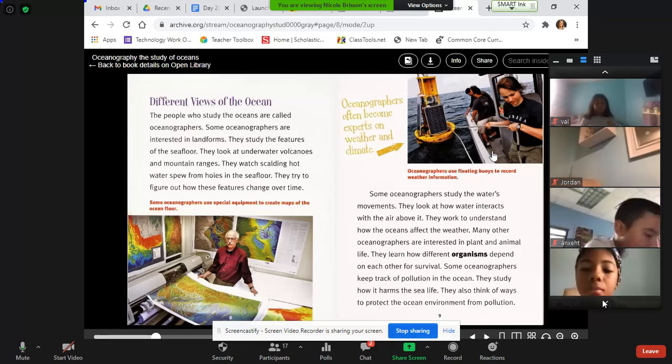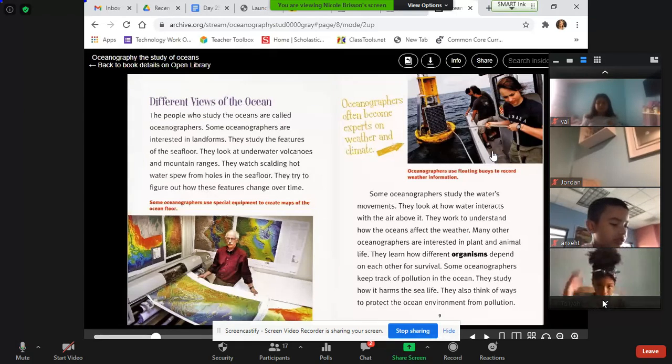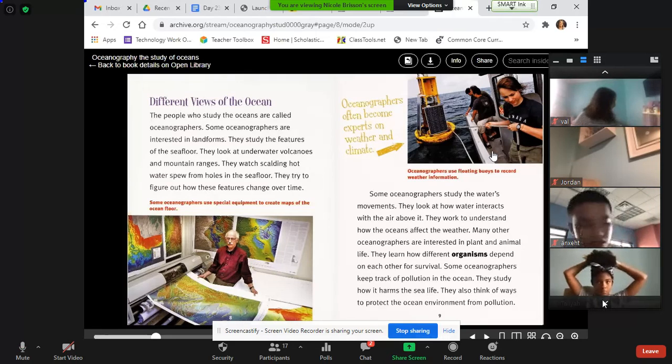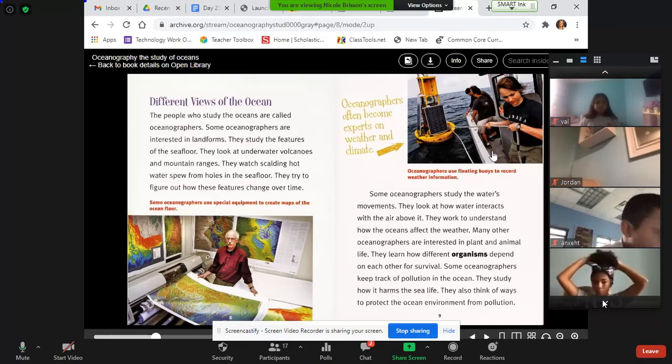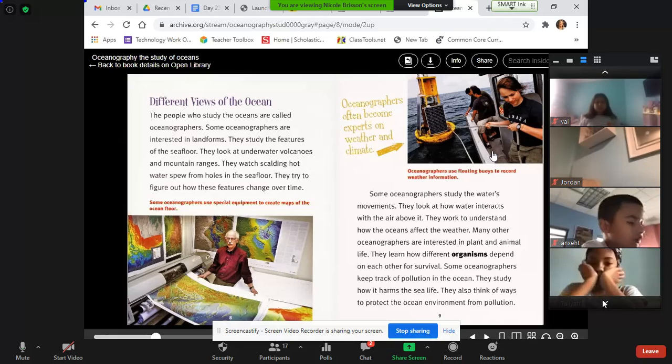Could be in the sea, could be on land. Some oceanographers keep track of pollution in the ocean. They study how it harms the sea life. They also think of ways to protect the ocean environment from pollution. Remember how you did the sea turtle activity online a couple of months ago to help with the sea turtles and pollution? That kind of is similar to that.